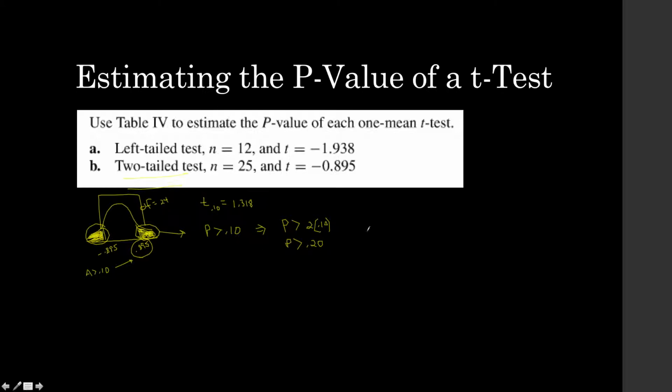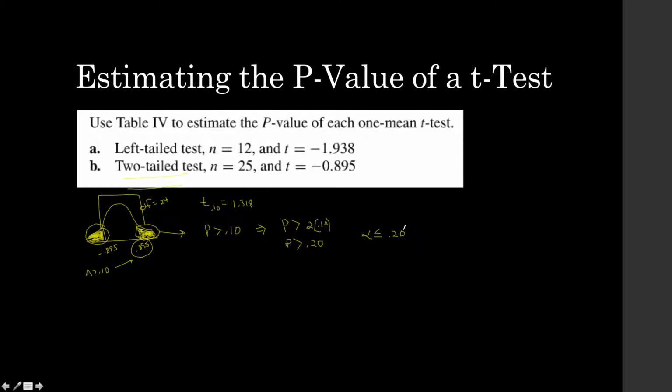So here's what we say. If alpha is less than or equal to 0.20, that means our p-value will be greater than any alpha we can have.